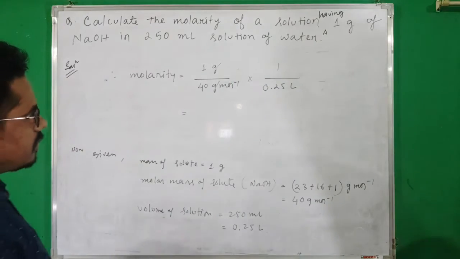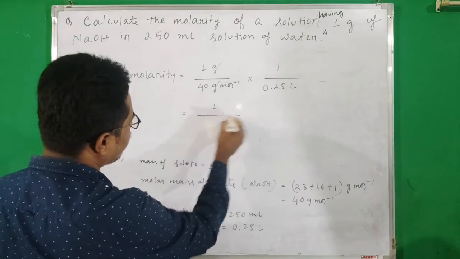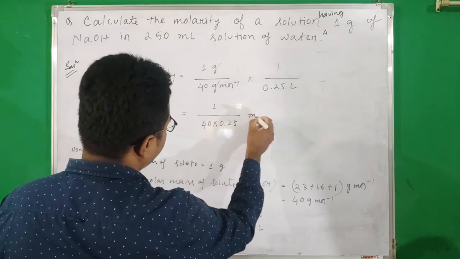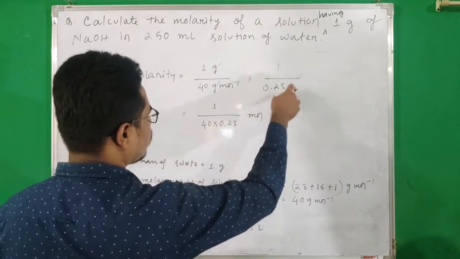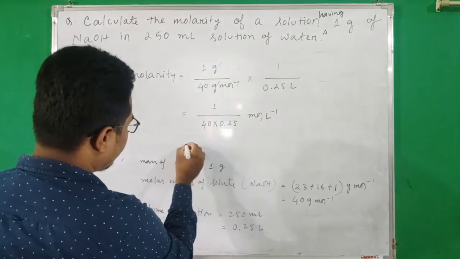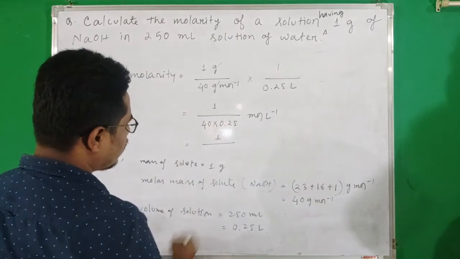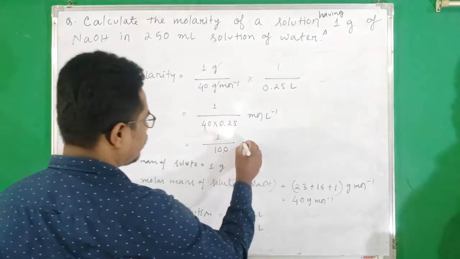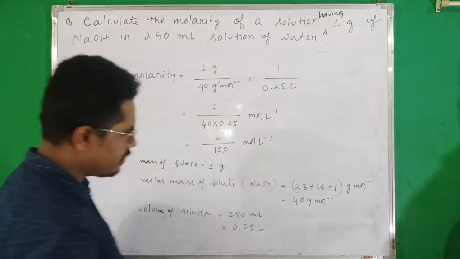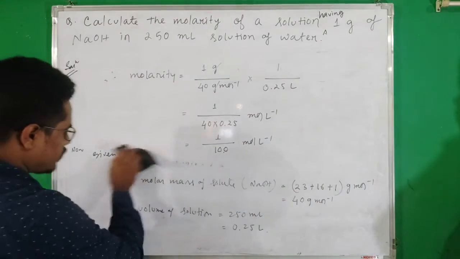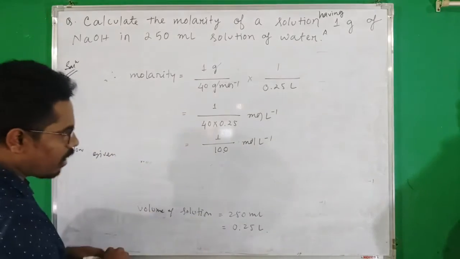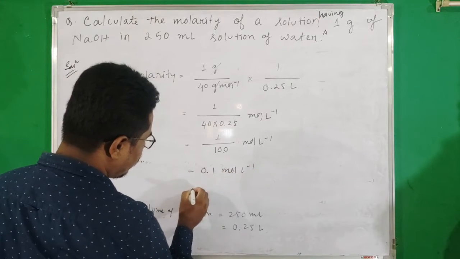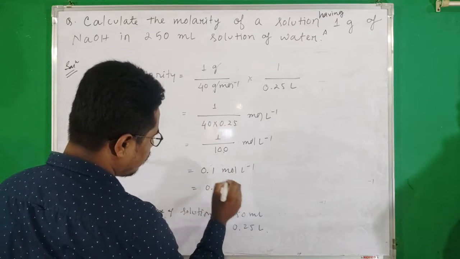After that, 1 divided by 40 into 0.25; mole inverse will be mole and liter will be liter inverse. If you multiply, you will get 1 divided by 10.0 mole per liter, and so the answer is 1 divided by 10 equals 0.1 mole per liter or 0.1 molar.